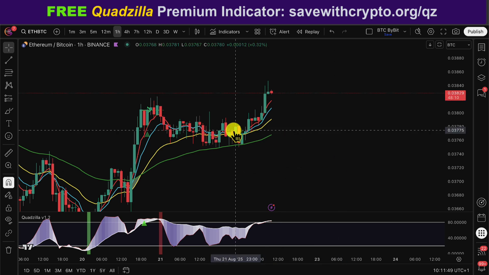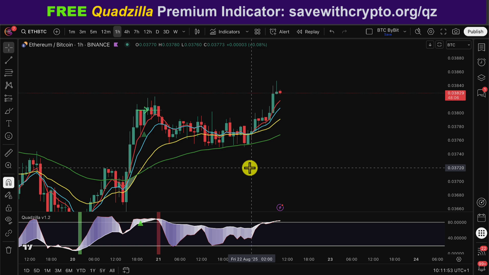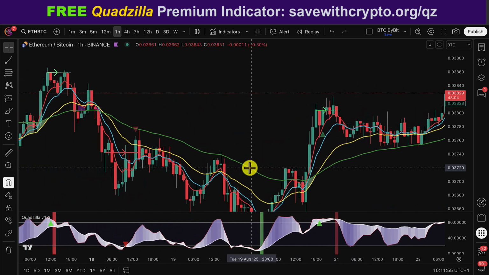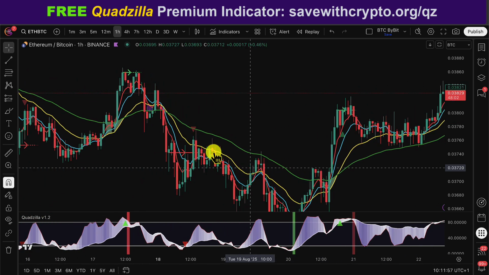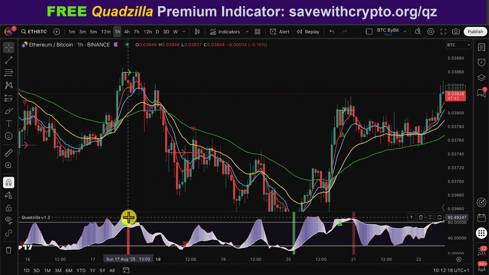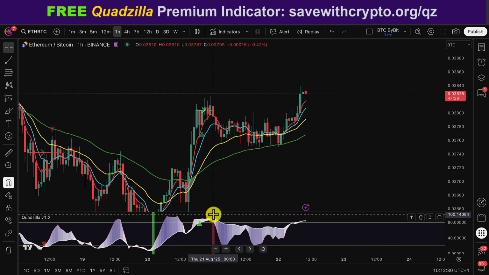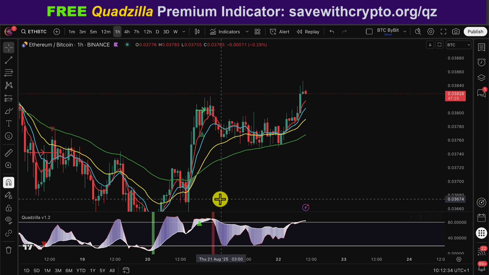And to identify one of these tops, the thing to do is to look for basically what happened last time or even every time. And you can see back here, when we had a top like this, we got this red background here in the momentum oscillator, which we also got last time as well. So that might be a warning signal if you see that red background appear.